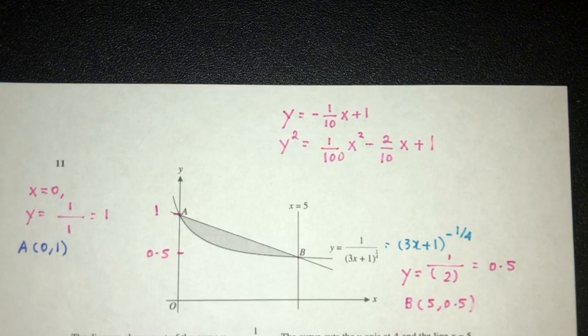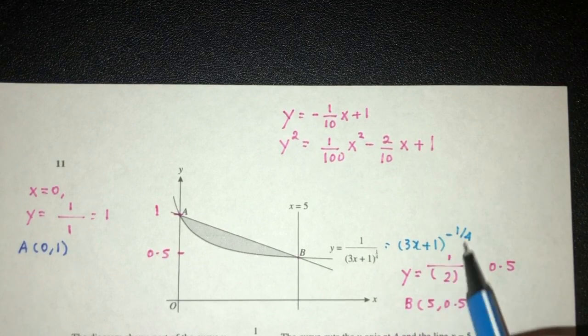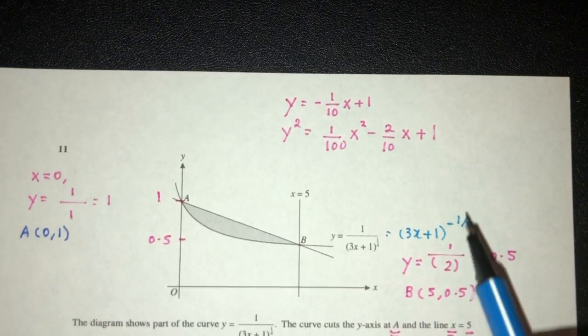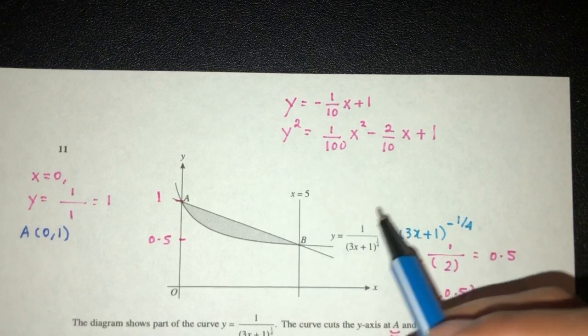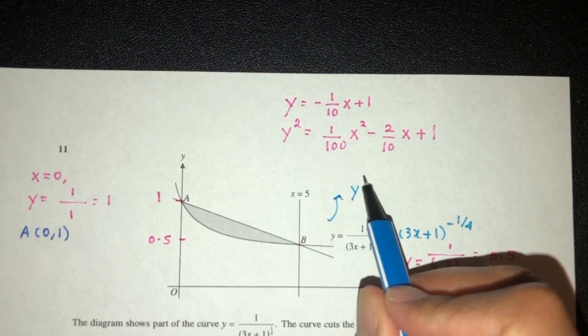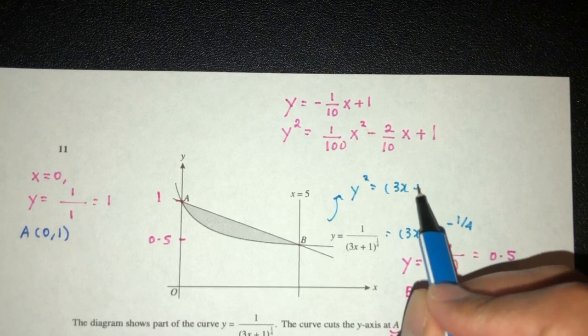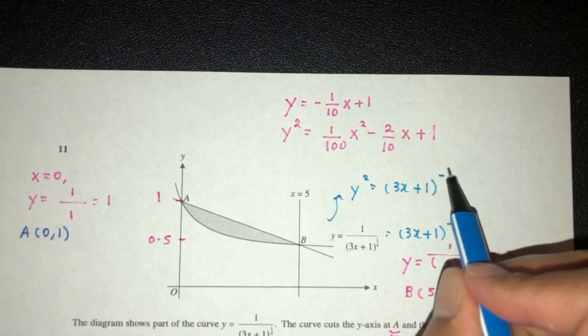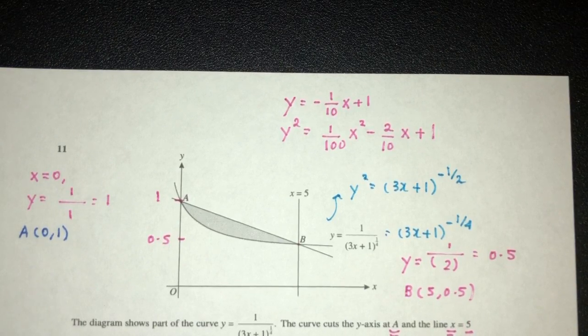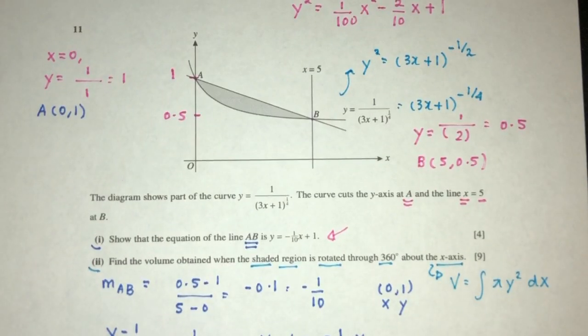That is for the line. Now for the curve, y squared should be 3x plus 1 to the power minus 1 over 2. Now we know we have the y squared for the curve and the line.